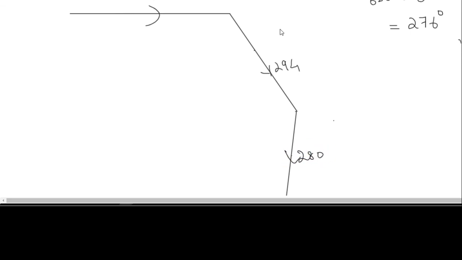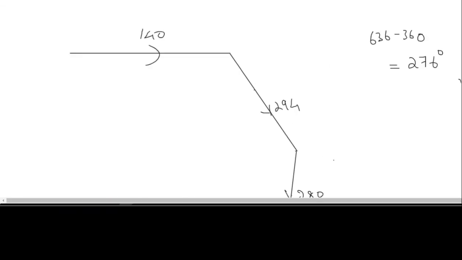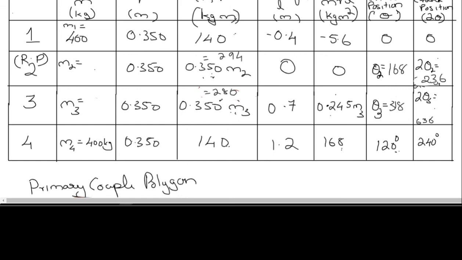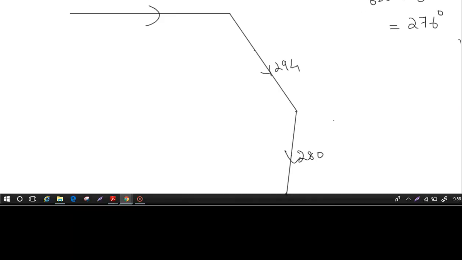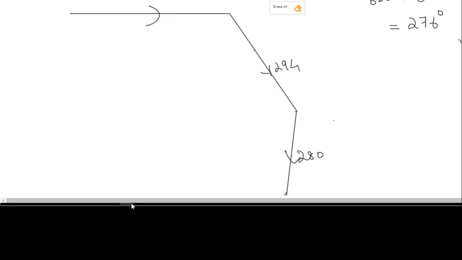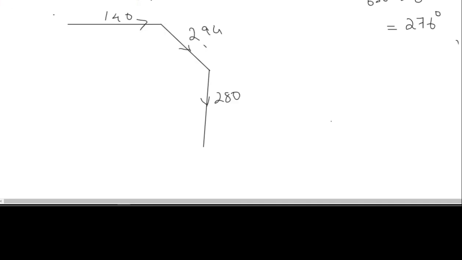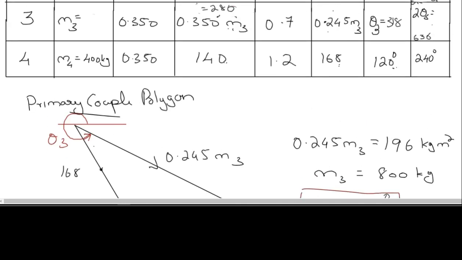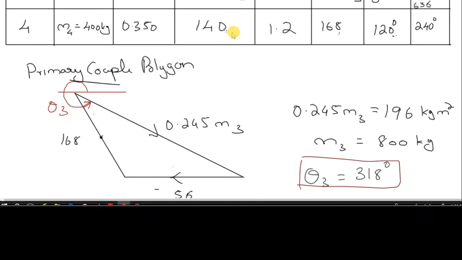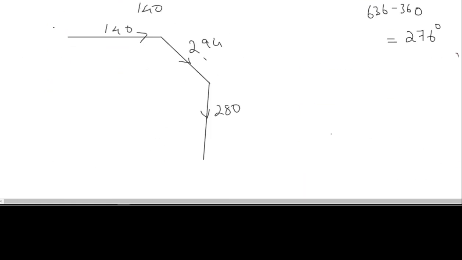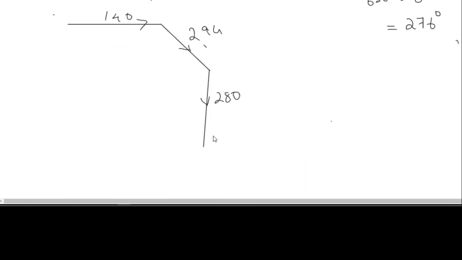One more angle is here, that is the 140 force, and that is at 240 degree with respect to the horizontal. So we should draw that also. This should be another force, that is 140 at an angle 240 degree. So you're taking 240 from here.